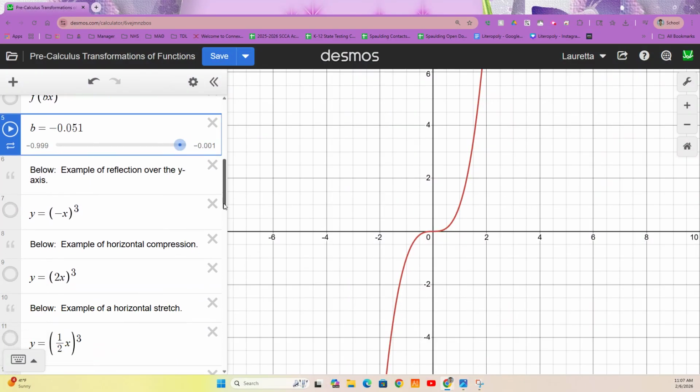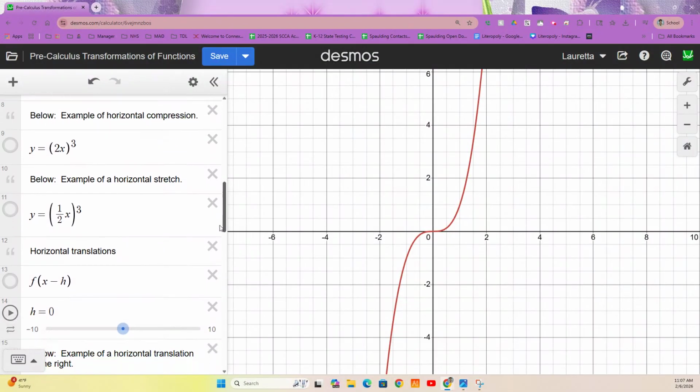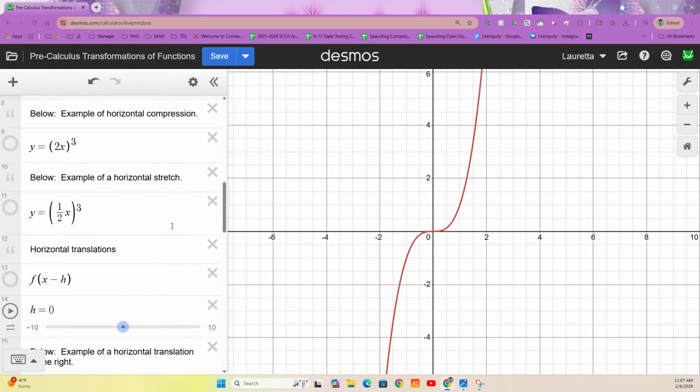Then an example of a horizontal compression, that's when the absolute value of b is going to be greater than 1. So we have y equals, in parentheses, the quantity 2x all cubed. So there's a horizontal compression.